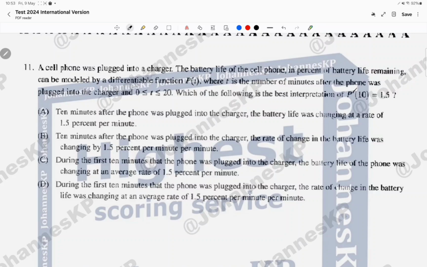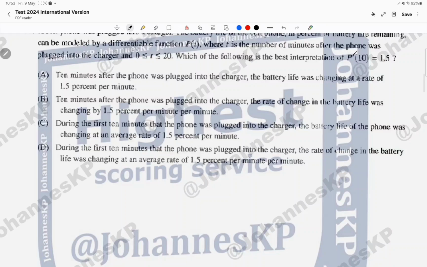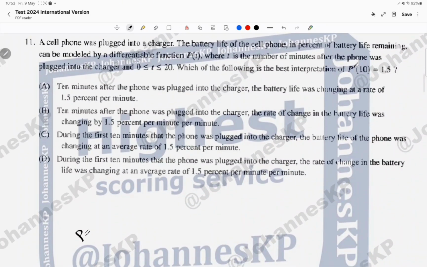Basically the derivative, so the rate. Instantaneous. So P is the battery life, and P prime is the rate of change. Okay, so look for rate in your answers.